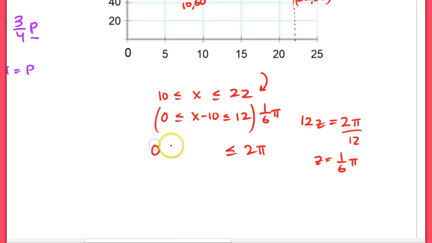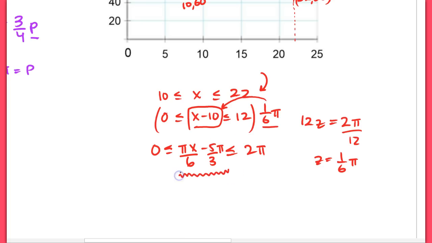I still have the 0 here, but what's inside needs to be multiplied by 1/6 pi. So you're going to distribute to both. You have 1/6 pi x, or just pi x over 6. Let's call it that, it's a little bit cleaner. And then 10/6 pi, so that's 5/3 pi. So you're just distributing the 1/6 times -10. This would be that phase shift here.